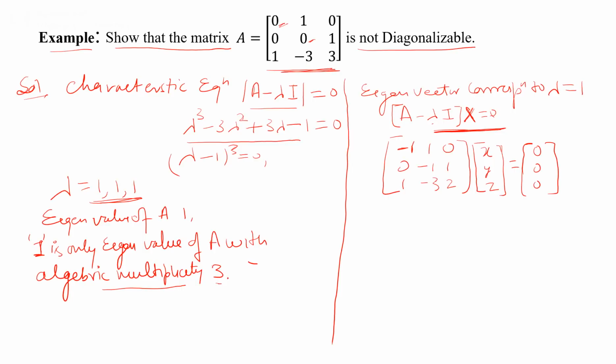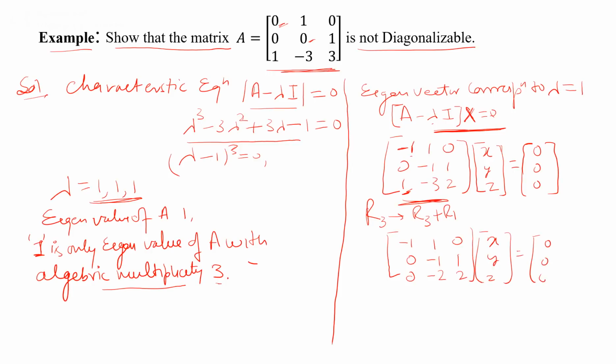We convert the coefficient matrix into echelon form and find the rank. By the help of that element we make the other element 0. So we apply the operation R3 plus R1, and we get minus 1, 1, 0; 0, minus 1, 1; and 0, minus 2, 2, times x, y, z equal to 0, 0, 0.